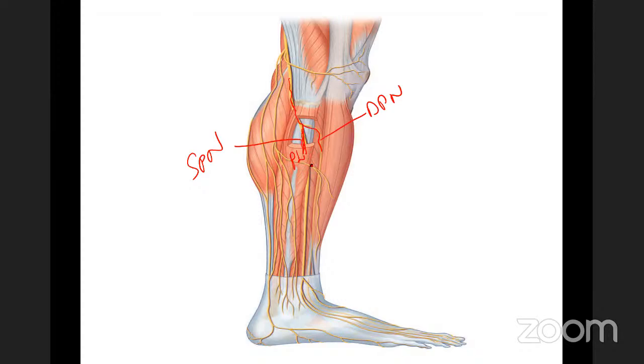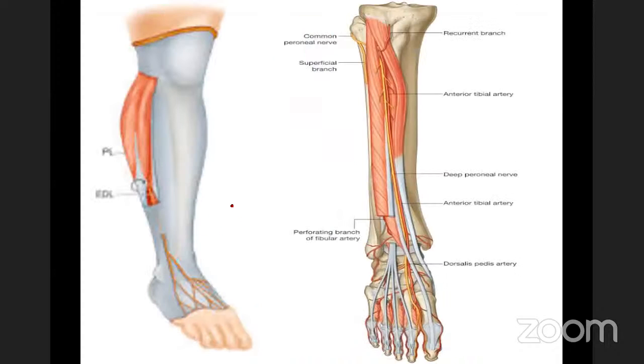Then it becomes cutaneous in the lower third of the leg. We will see that shortly. What you are seeing now is the superficial peroneal nerve which has become cutaneous in the lower third of the leg. As already discussed, the superficial peroneal nerve has a medial branch and a lateral branch. You know how it supplies the dorsum of the foot.